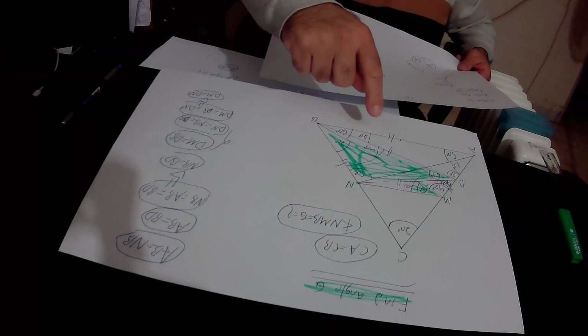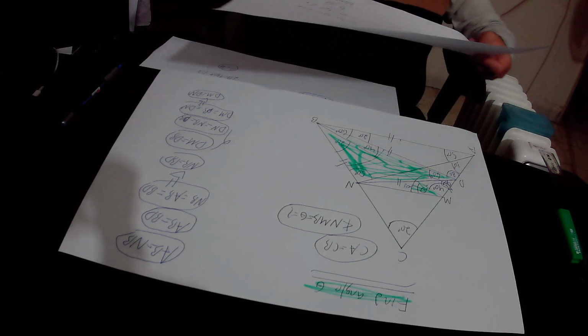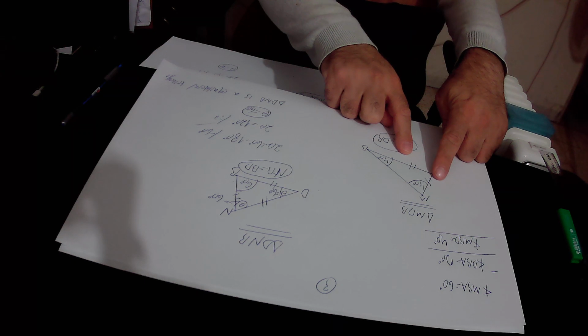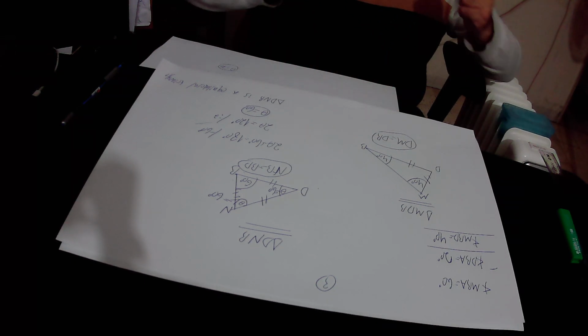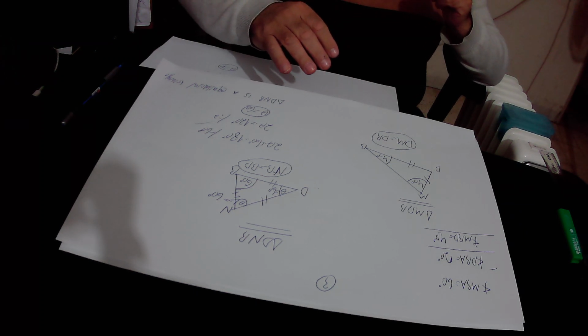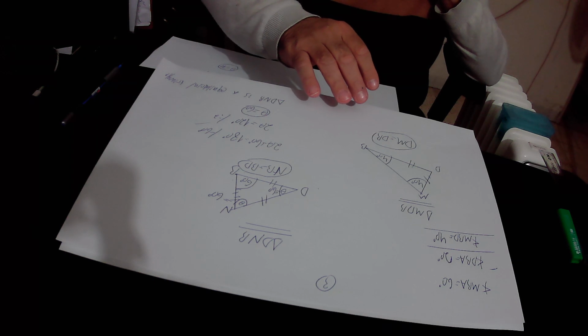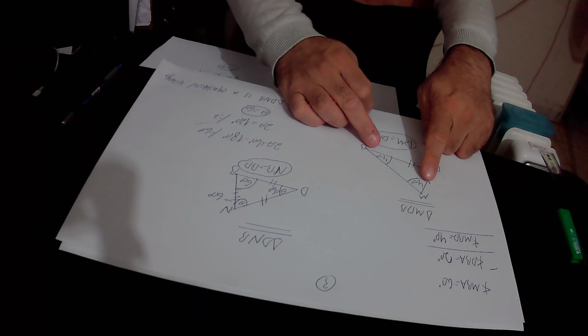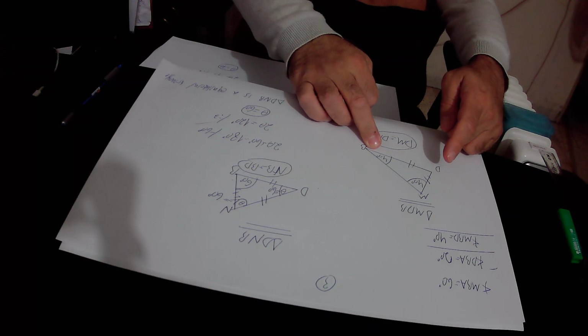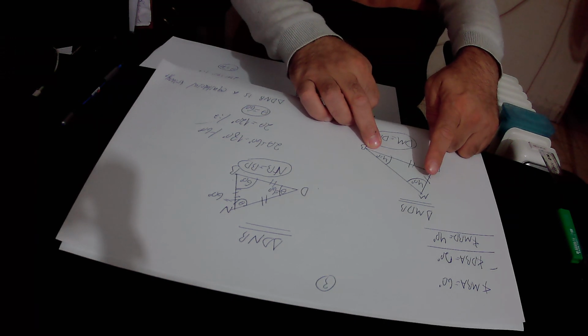Side DB equals side DM. So those two sides are equal to each other, again according to the symbol. Those two angles are equal to each other, and we have the rule that in front of equal angles in the triangle, there are equal sides.